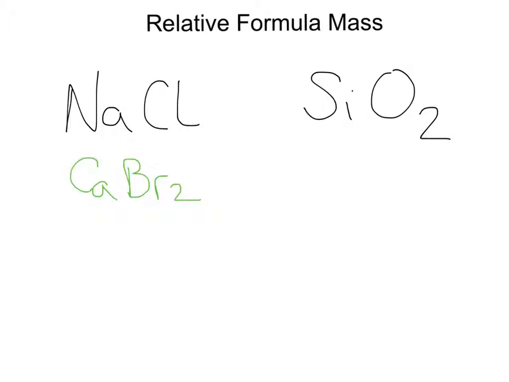So, relative atomic mass for calcium is 40.1, 3 significant figures. And as we found out before, the relative atomic mass for bromine is 79.9.